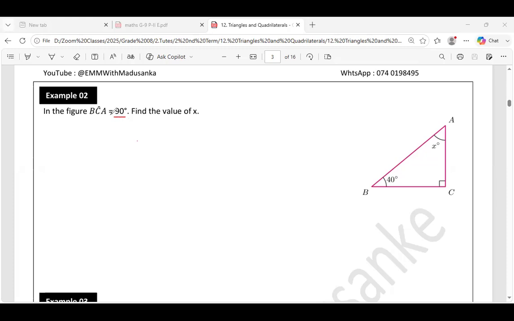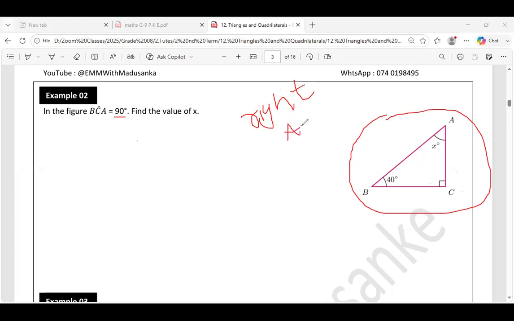If angle BCA becomes 90 degrees, that means this is a right angle triangle. This ABC triangle is a right angle triangle because this is 90 degrees. This is how you show a 90 degree angle.